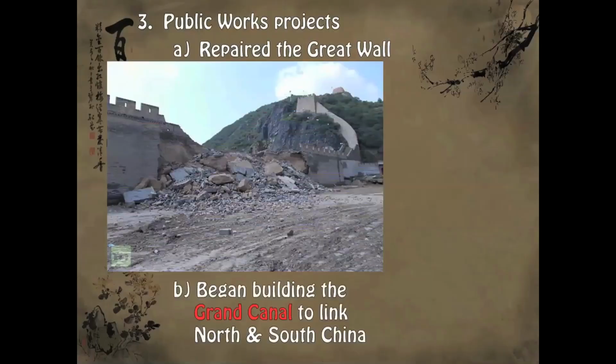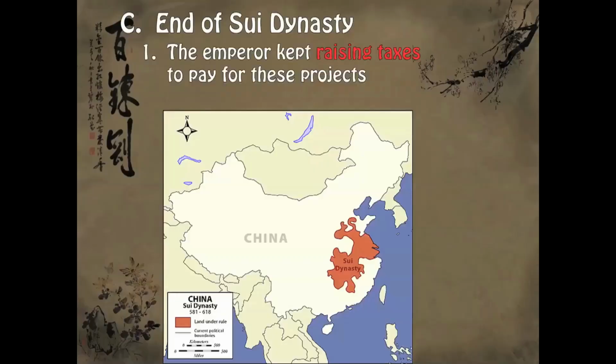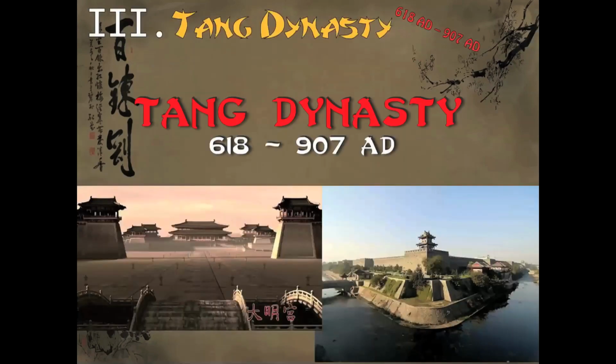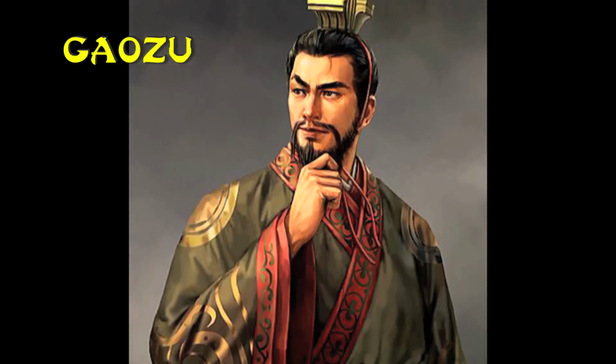And Wendi connected northern China to southern China by having the Grand Canal constructed, truly unifying China. However, it was the ever-rising taxes to pay for these projects that resulted in the people revolting and replacing the ruling family with the Tang Dynasty. This new dynasty was founded by Gaozu, who also used violence to rise to power.